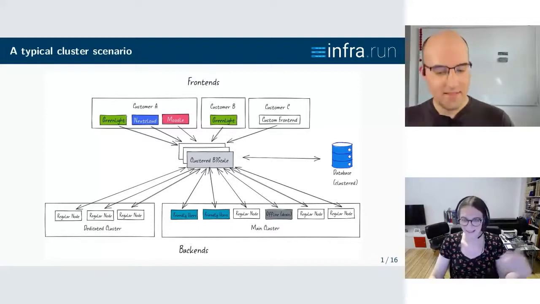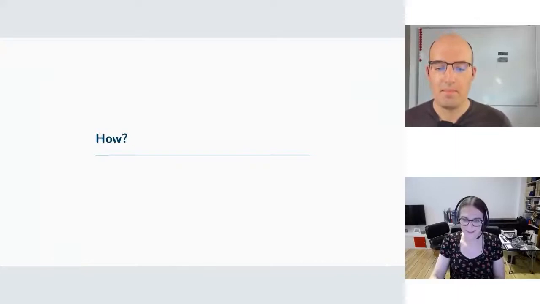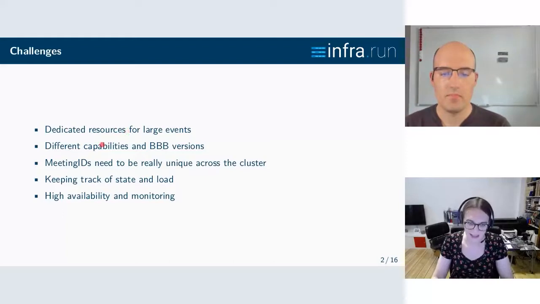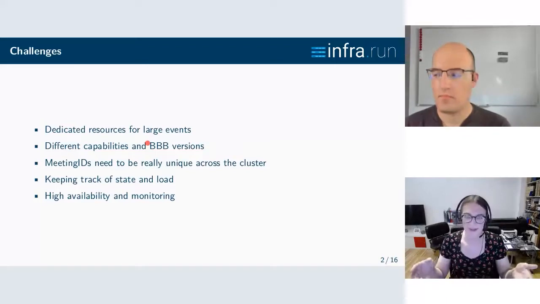Yeah, as we now have established what we kind of need or what we have, let's talk about how we got there. First of all, let's have a look at some of the challenges. As we established, we need to, for example, dedicate some parts of the cluster for large events, and maybe deal with different BigBlueButton versions, or for example, make some friendly user testing where we want to have some users or some front ends running on a newer BigBlueButton version.